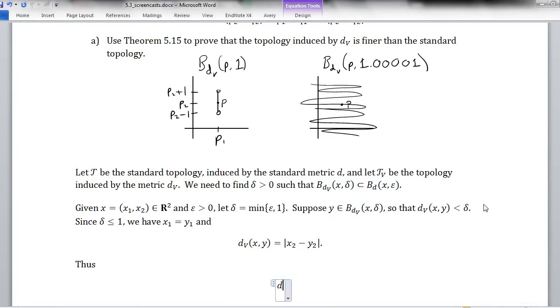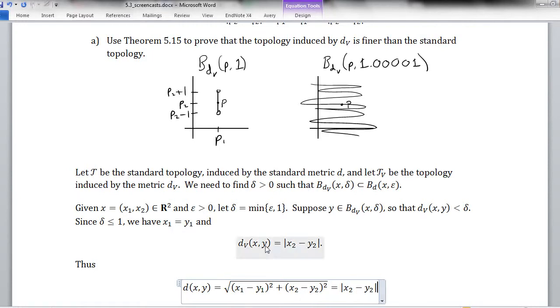D of xy, standard metric, by definition is the square root of (x1 minus y1) squared plus (x2 minus y2) squared. And we've just said that x1 is equal to y1. So this difference here is 0. So all we're left with is the square root of the square of x2 minus y2. And that's the same thing as the absolute value of x2 minus y2.